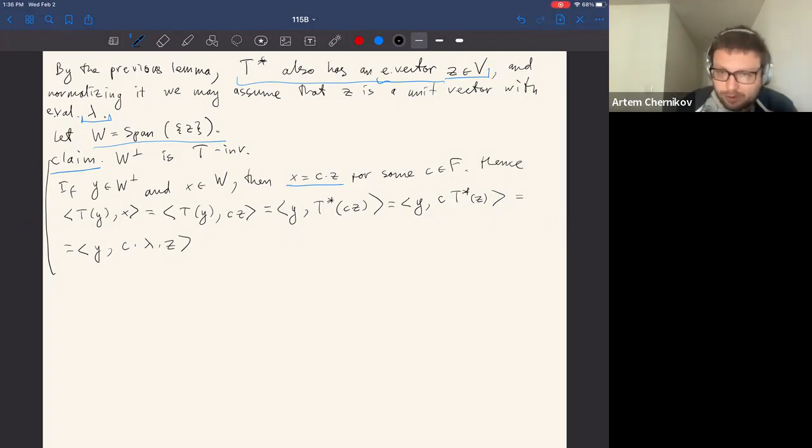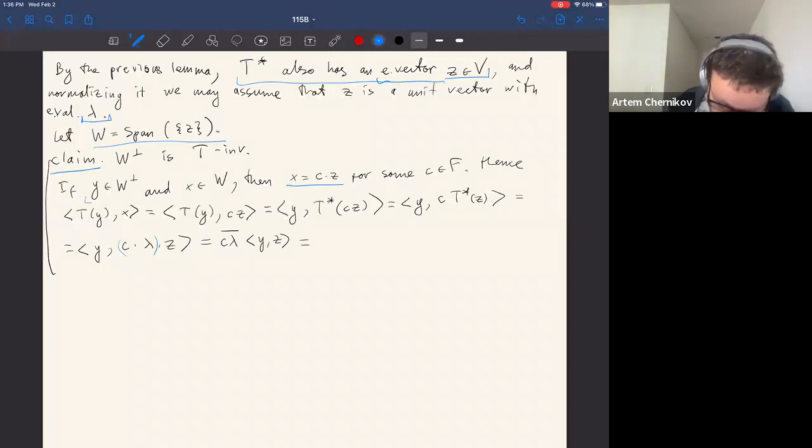But now we can use the linearity properties of the inner product itself. Remember that if I take an inner product with a vector in the second coordinate multiplied by some scalar, what we get is the complex conjugate of the scalar, C lambda conjugate, times the inner product of Y and Z. But remember where we took these vectors from.